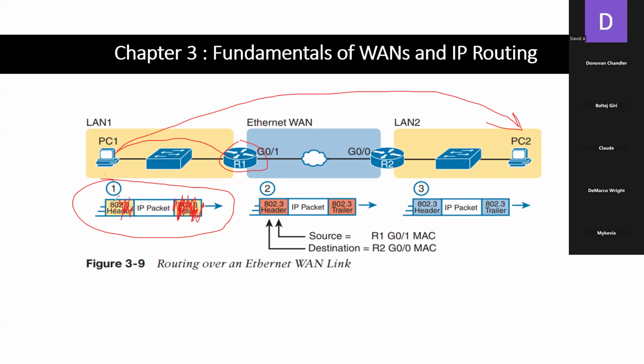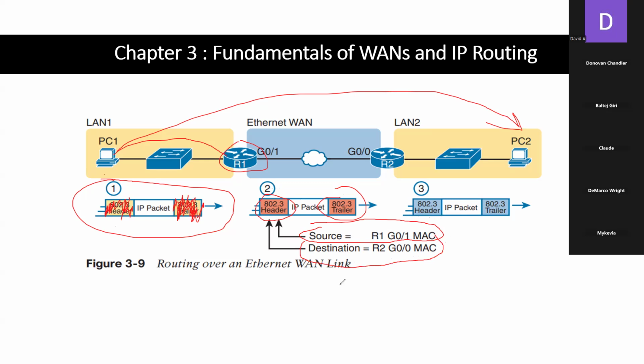So I'm going to take off the layer two header and trailer, de-encapsulate, and insert a new header and trailer. In my header, I'm going to have a source of router one's gigabit 0/1 MAC address. This is very important. And then my destination is going to be R2's gigabit 0/0 MAC address.